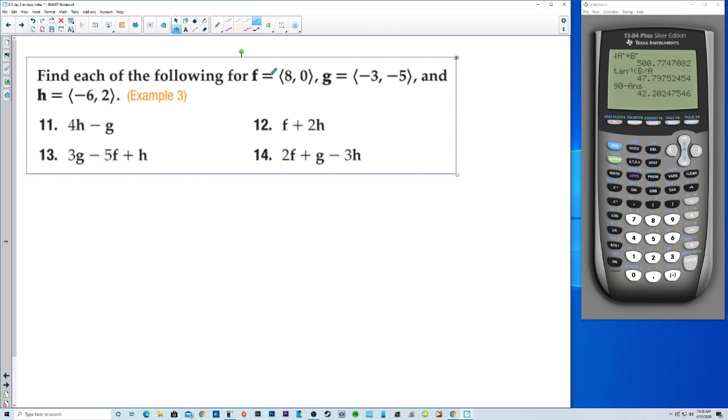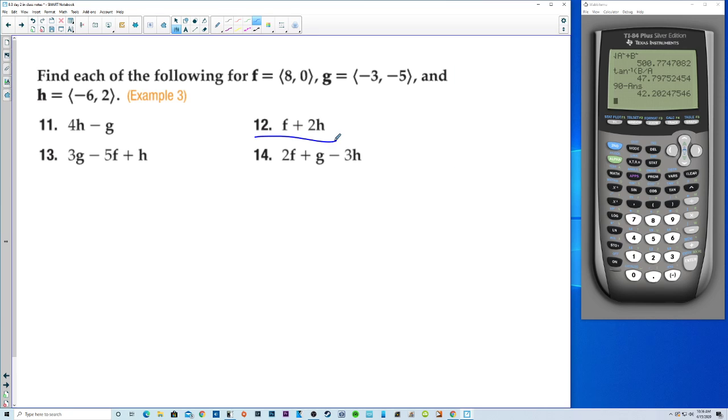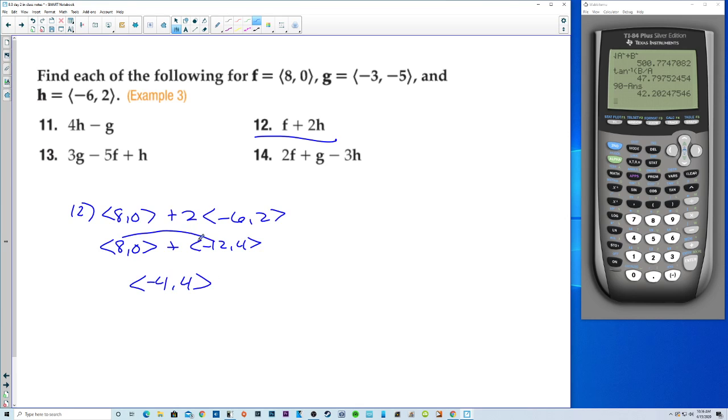Find each of the following for F, G, and H. Let's just not go too crazy. Let's do number 12. Number 12 is 8, 0, and then plus 2 times H, -6, 2. And this is just order of operations. So we're going to multiply first, -12, 4, and then -4, 4. So when we add the x's and we add the y's.